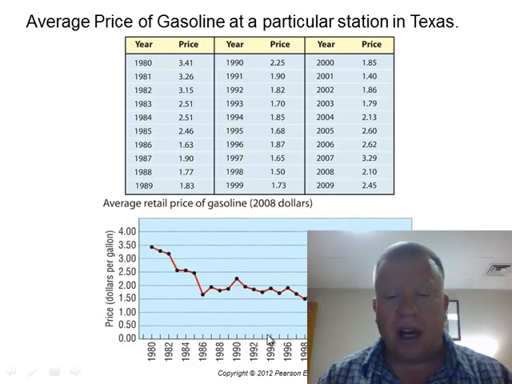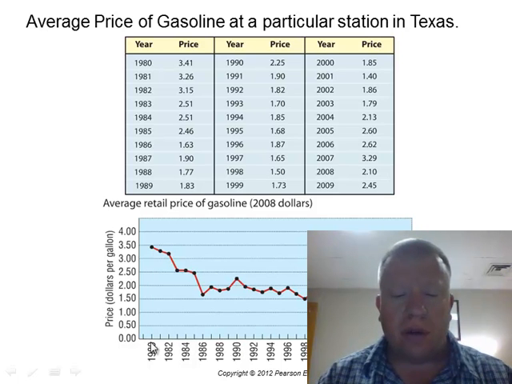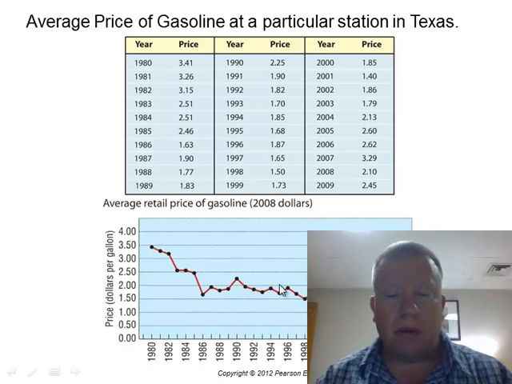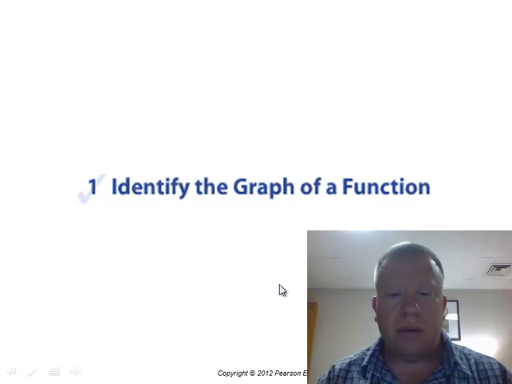So that's why time, in this case years, is on the horizontal. And on the vertical, we have the price. And boom, there is 3.41. And so forth. Luckily, we have computers now that can do the hard work. But we could do this by pencil and paper if we really wanted to.